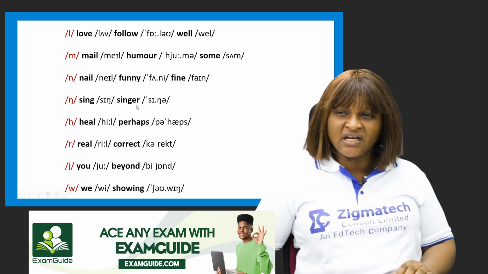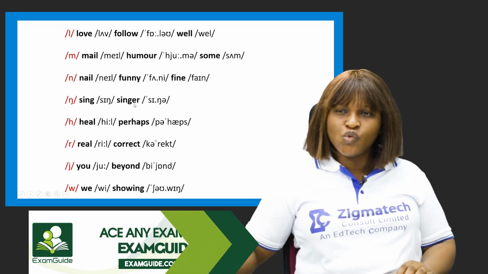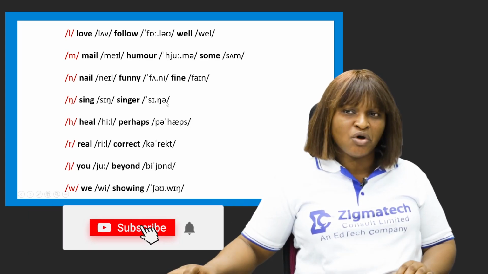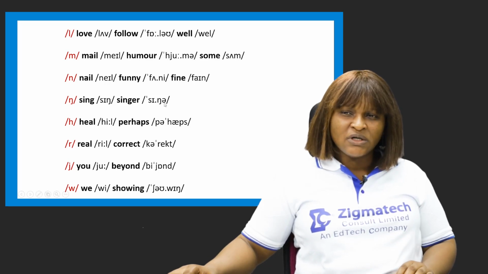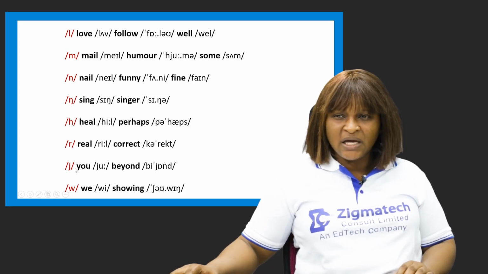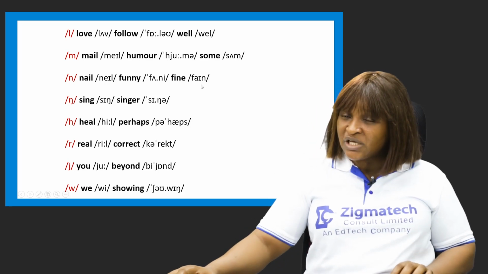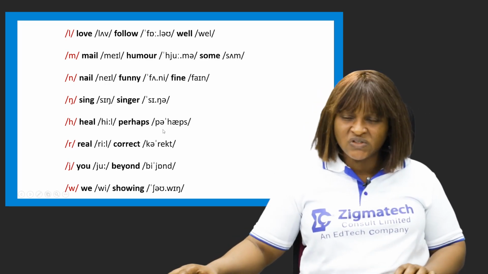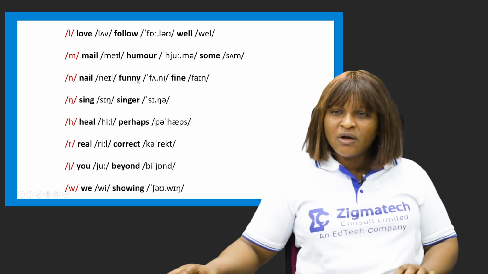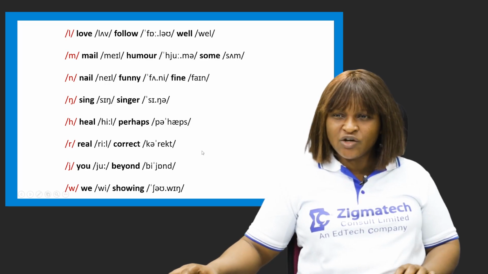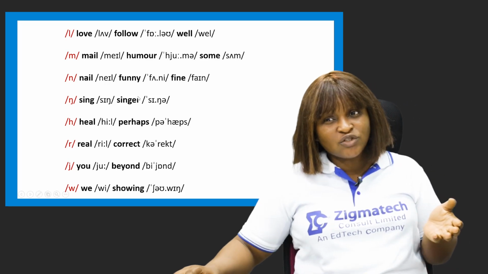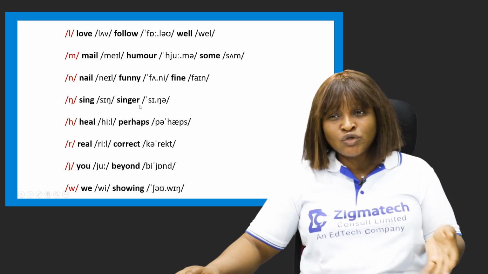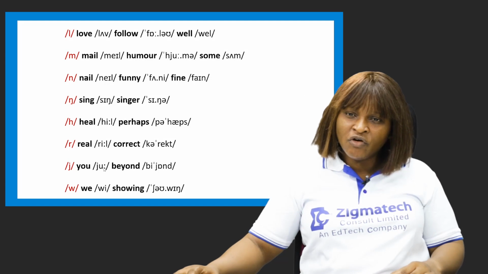Look at this word singer. We have R in the word singer, but that R is not made audible here because ER ends with a vowel sound, which is the schwa sound. Maybe if time permits, we'll look at the vowel sounds and how some consonant letters can take over the place of the consonant because of the articulation involved in them.